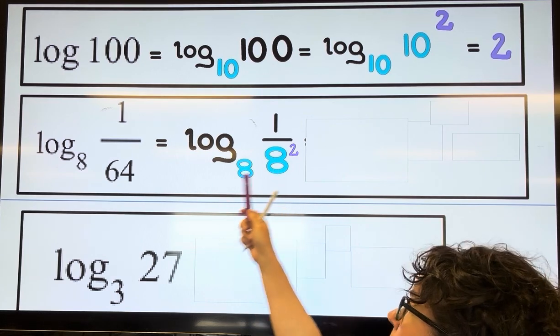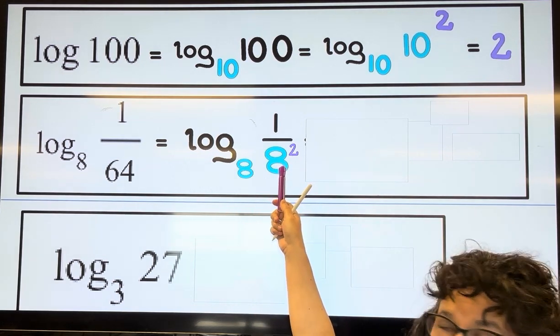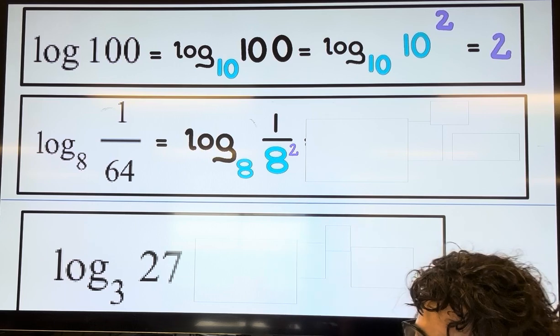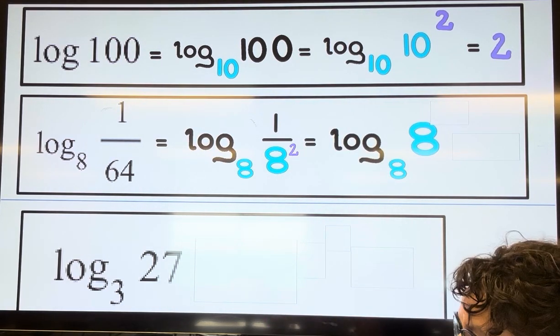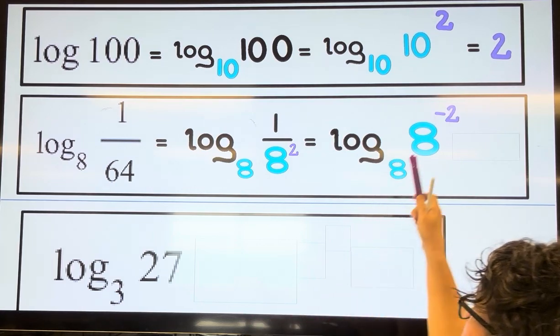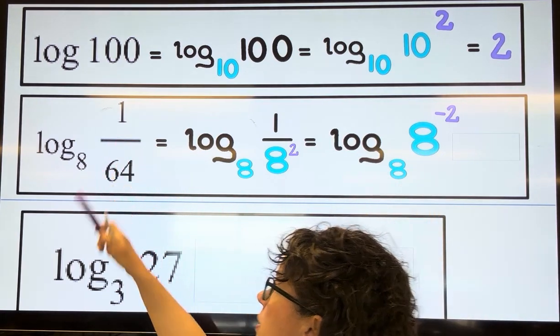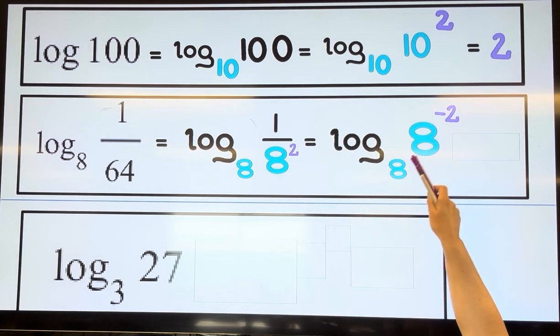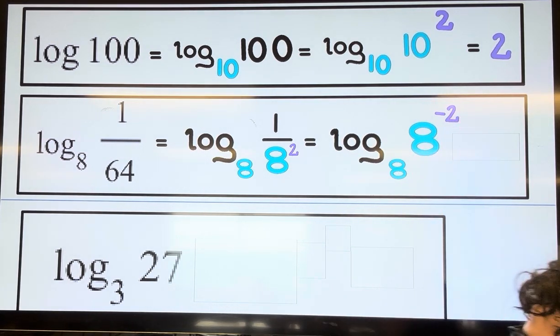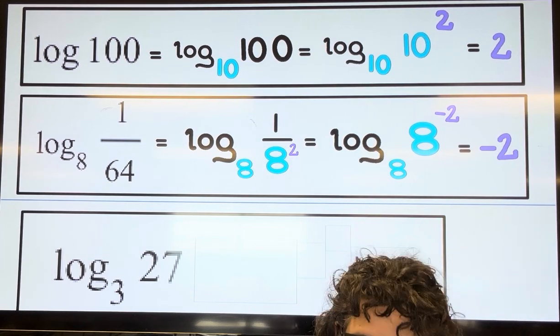How could I rewrite this as 8 to the power of something? Since 2 is in the bottom, I'm going to end up with 8 to the power of -2. So I've rewritten 1 over 64 as 8 to the -2, forcing those bases to match. So my answer in this one is going to be -2.